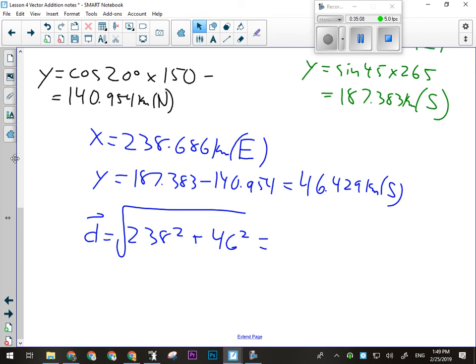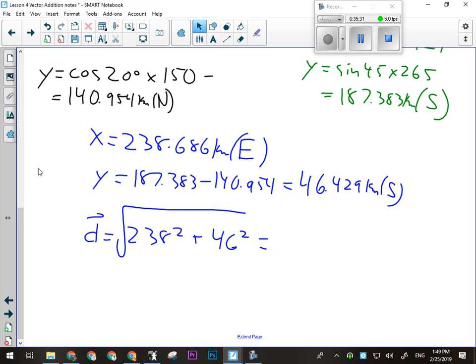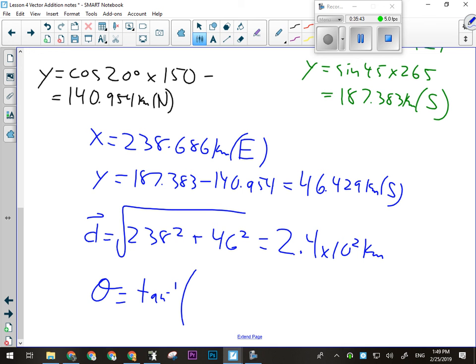So 238.6863185 squared plus our answer from the previous one squared. So our overall displacement's magnitude is 243. We only have two significant figures though, so we'll leave that at 2.4 times 10 to the 2 kilometers, and then we'll get the angle. Our angle will be tan to the minus 1 of my 46 divided by 238, obviously with all the decimals in place.